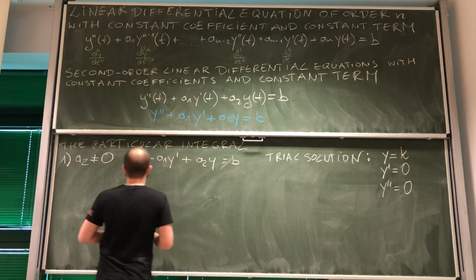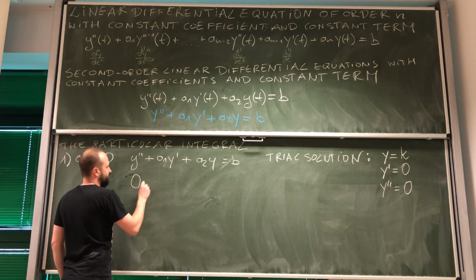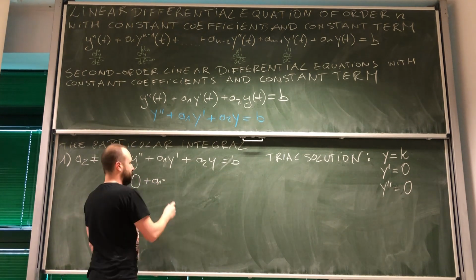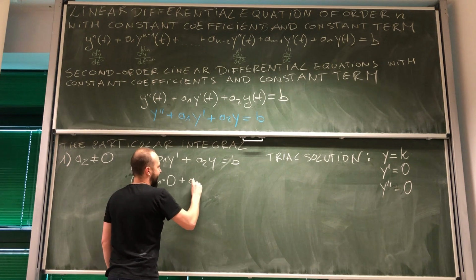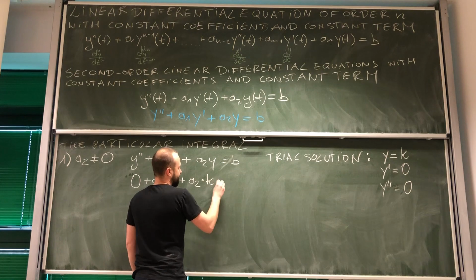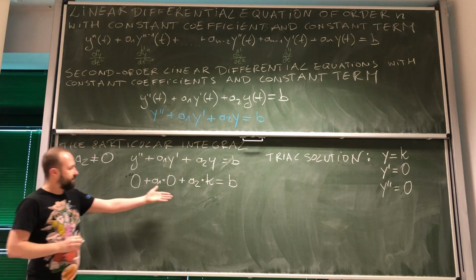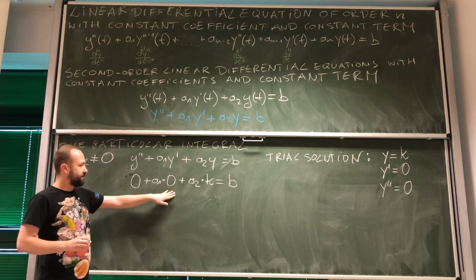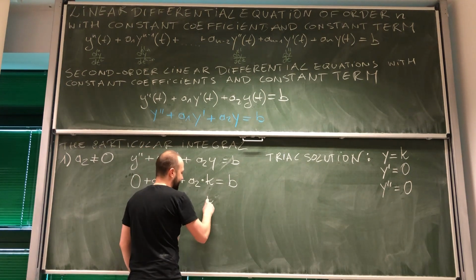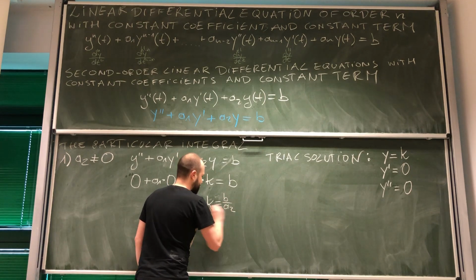So now, look, instead of y double prime, we've got 0. Then we've got plus A1 times 0 plus A2 times K equals to B. So look, what we get out of it is basically those two components are 0. So we've got A2 times K equals to B, which means that K is equal to B over A2.